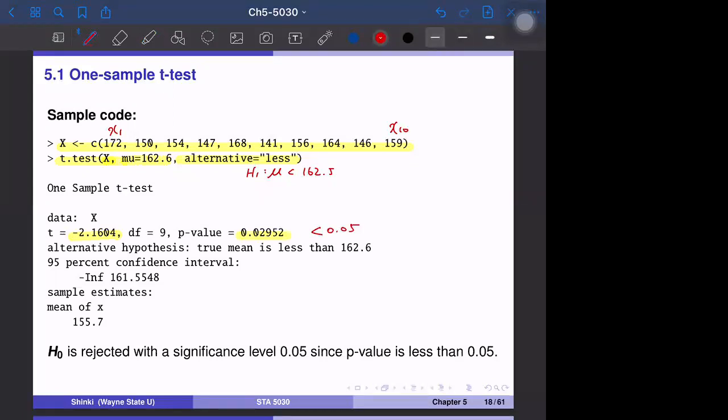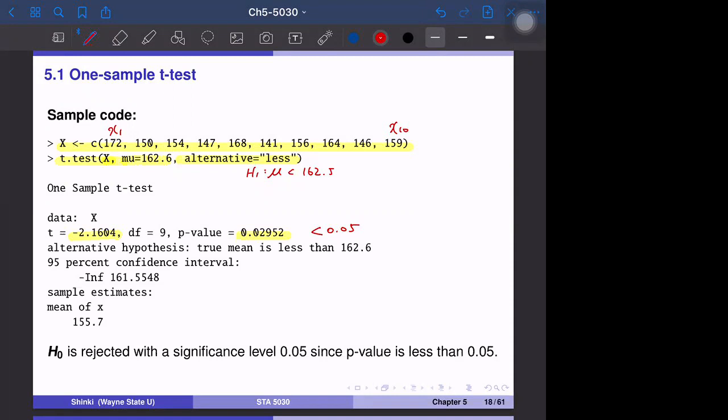So if the significance level is 5%, the standard number, we reject the null hypothesis that blood pressure does not change after the prescription. So this drug may be significantly useful.